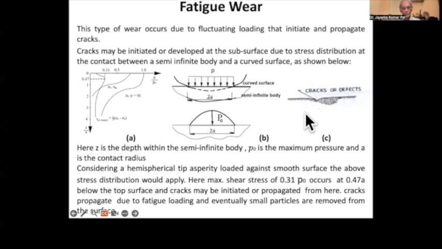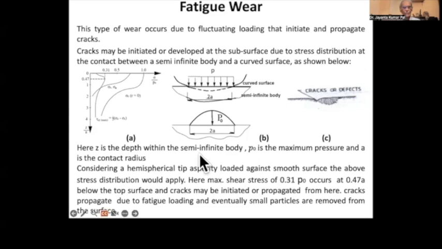As I say, crack propagation is again a very complicated topic, and how and where it will propagate can be determined theoretically and experimentally, and a lot of research is going on. But if the crack produces a small chunk of material, then that becomes a fatigue wear.